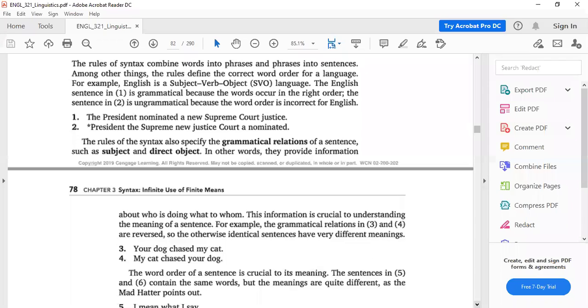We can't leave these sentences without rules. So when we want to build a sentence, we need to order the words of the clause or the sentence in a way that conforms to the syntactic rules.